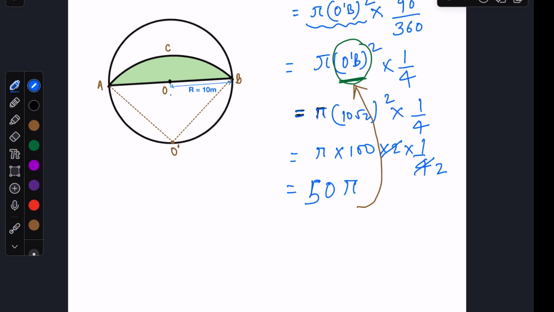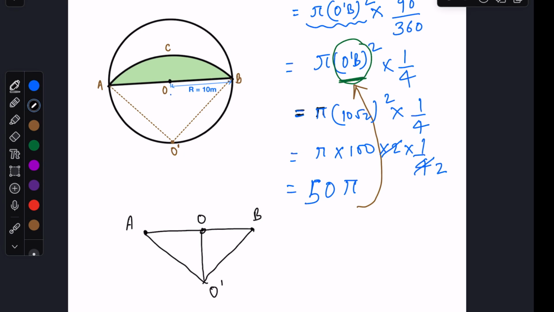So let's find the triangle A O B O dash. This is perpendicular and this is the radius.